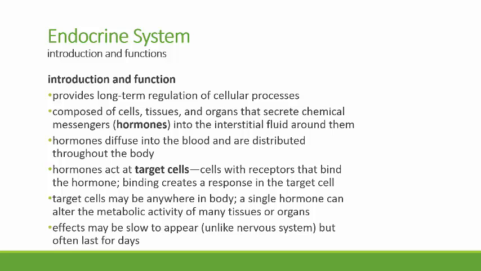The endocrine system, on the other hand, provides what's thought of as the long-term regulation and control of the body. It's composed of clusters of cells, tissues and organs whose function is to secrete chemical messengers. We talk about these as hormones, these chemical messengers, into the fluids around them.